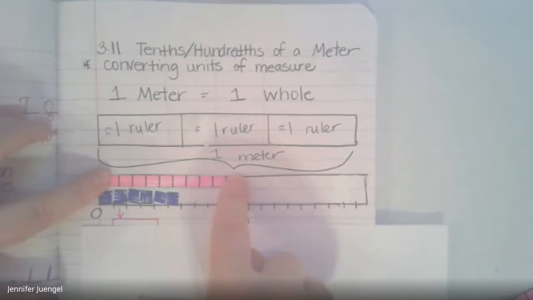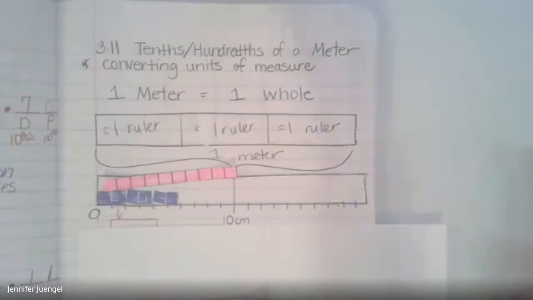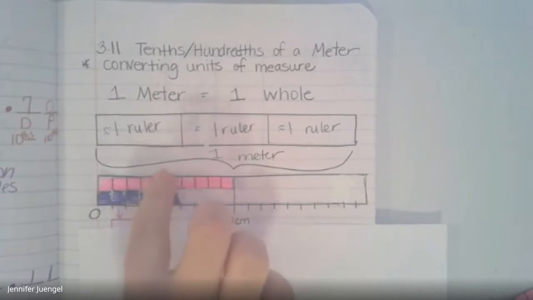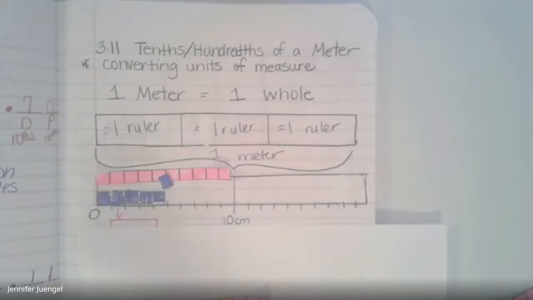So imagine if I lined a meter stick up on my board and I used one long 10 stick. We know that a meter is approximately 3 feet, which means that's going to be more than 30 inches.